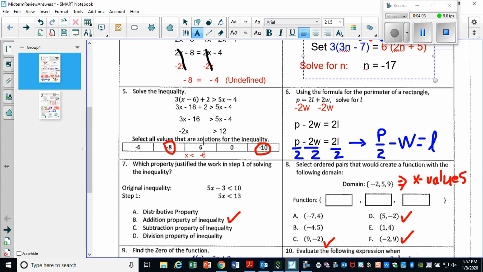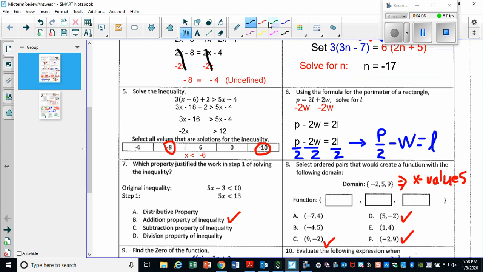Now remember, we switched the inequality because we divided both sides by -2. That's the key step right here. And I bet some of you made that mistake of not switching your sign. So that's the important part right here, going from the greater than to the less than sign.